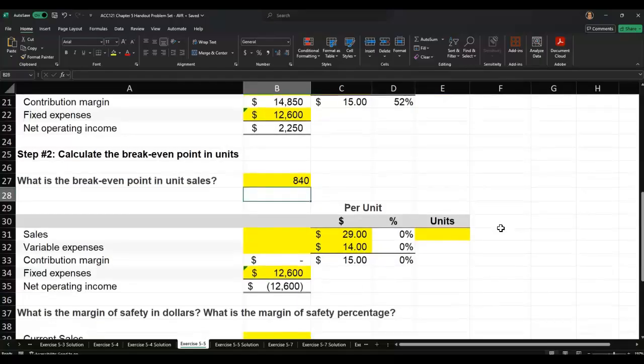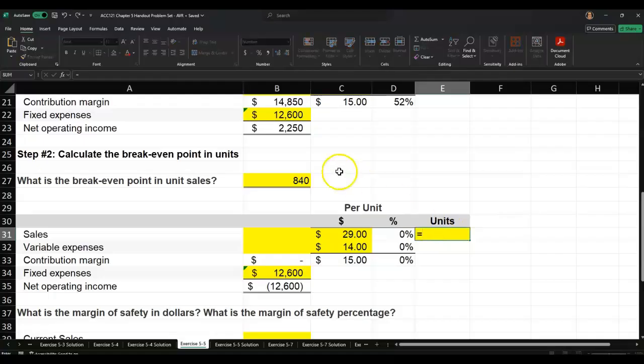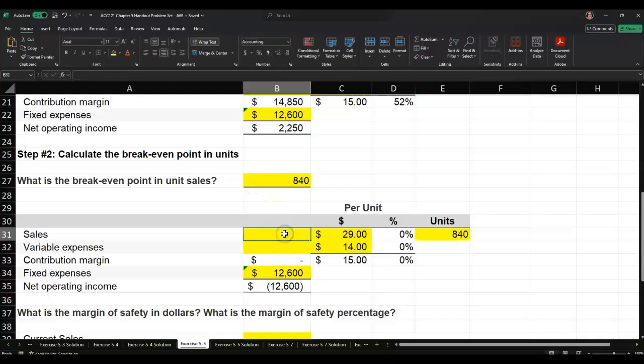Then we've got to read, and let me say this, we don't have to, but again, I am always trust but verify, okay? So in this next one, I give you the opportunity to put in the 840 units and then rebuild that income statement. So 840 units times the $29 per unit gets used as sales.